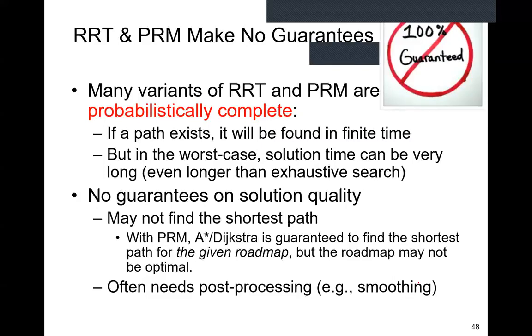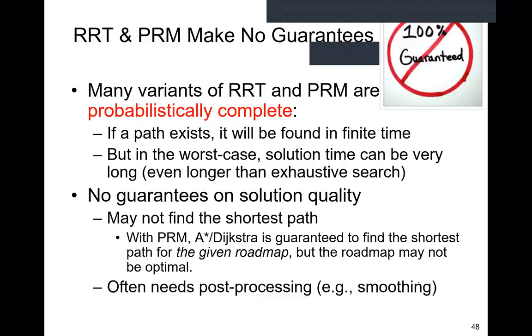So PRM and RRT make no guarantees. There are many variants of these two algorithms, and many of them are probabilistically complete, which means that if a path exists, it'll be found in finite time, but in the worst case, solution time can be very long, longer than exhaustive search.